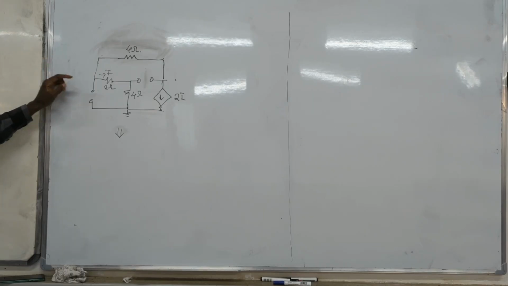Because the other one we just look through the terminals and simplify the resistances until you get one. For this one you can't do that.